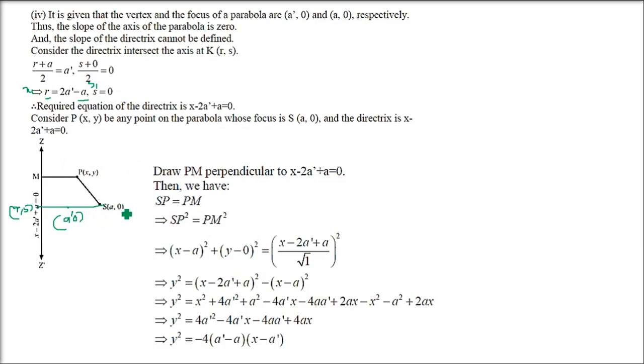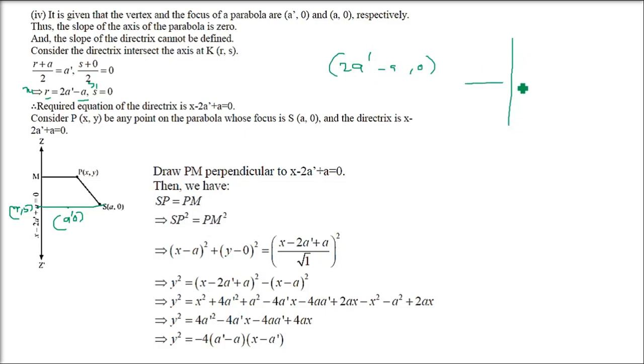Okay. Now what is the slope? It's the x-axis. What is the slope of the y-axis? You know that the point has come as 2a dash minus a and 0. X is 2a dash minus a, y is 0. So what will be the equation of the directrix? It will be simply x equals 2a dash minus a.